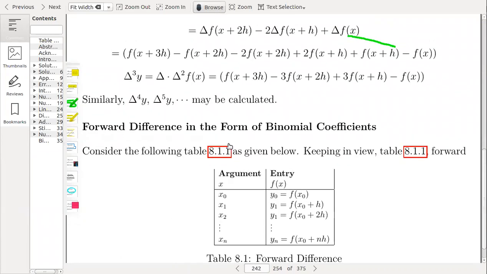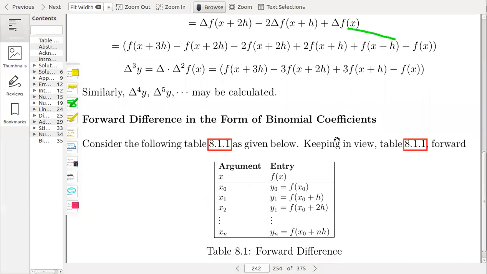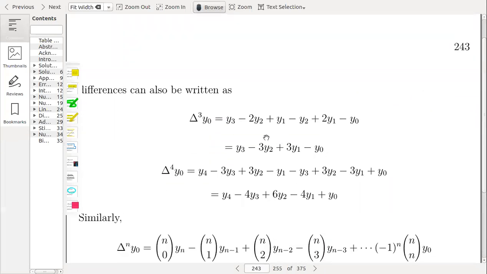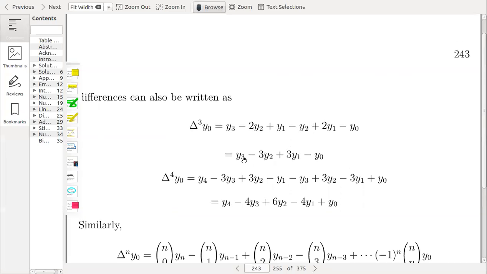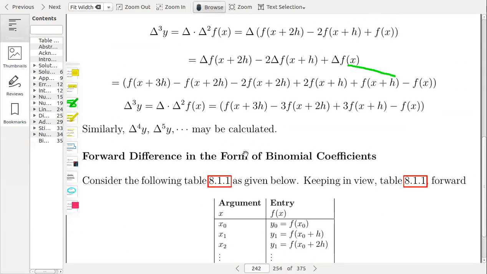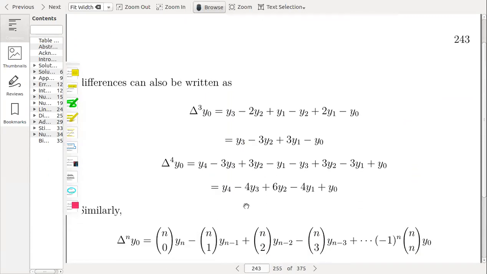If you observe here, f of x plus 3h, so 1, 2, 3, 4. So y3 is representing f of x plus 3h. Okay.